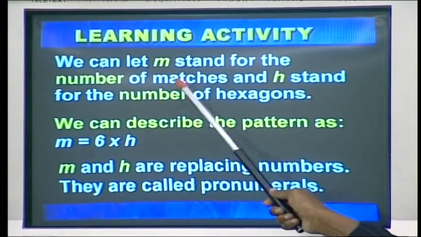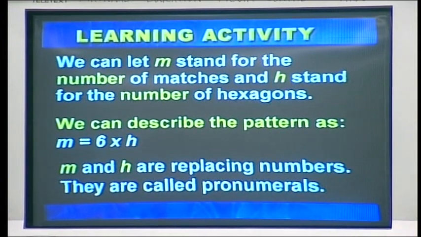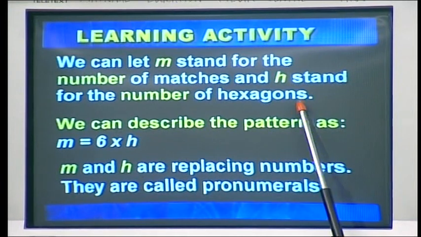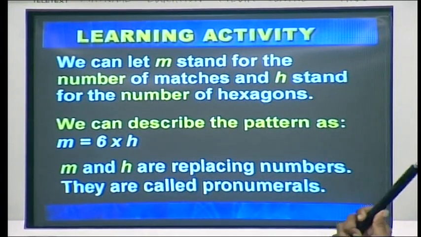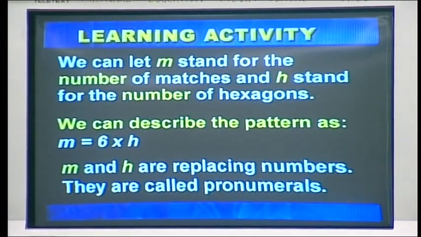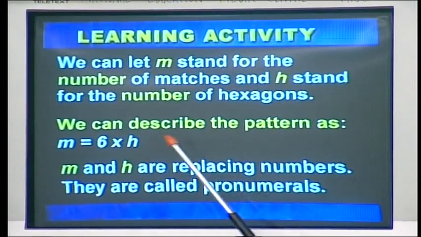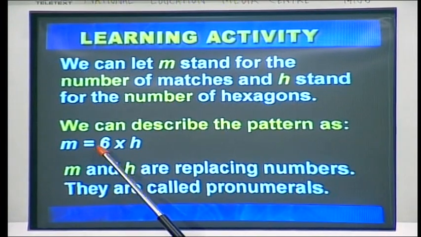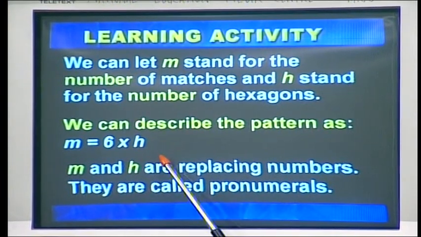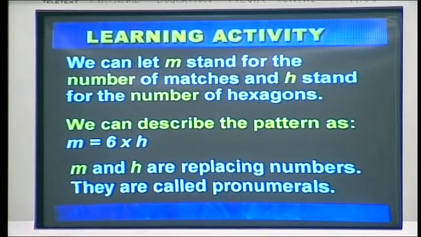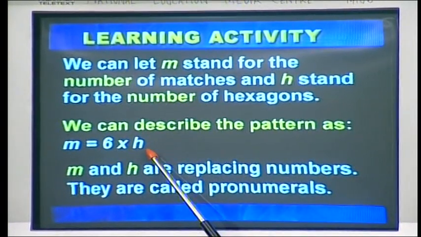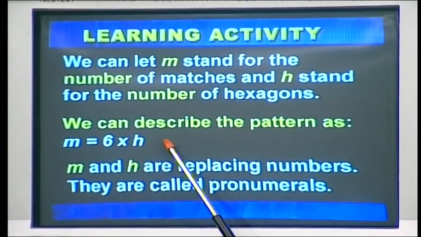M stands for the number of matches, and H stands for the number of hexagons. A simple algebraic expression that you can write. We can describe the pattern as M equals 6 times H. Instead of writing the long phrase number of hexagons, it can come in as a letter which is H.